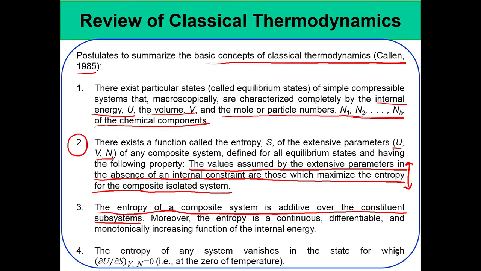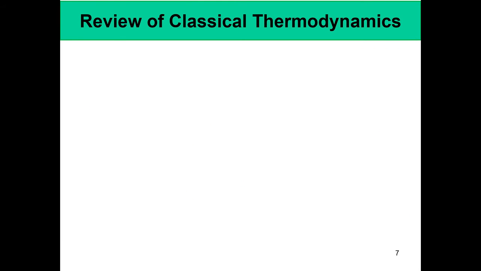So, the equilibrium criterion for an isolated system from the second postulate emerges as dS at constant U, V, N is equal to 0, and it can also be shown that the corresponding equilibrium criterion in terms of Gibbs free energy will be dG at constant T, P, N is equal to 0.